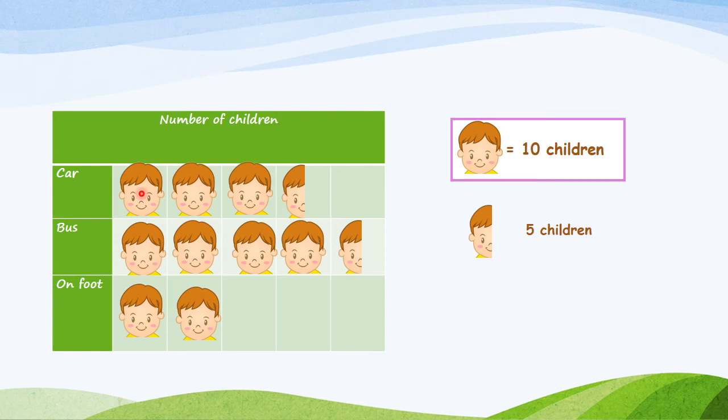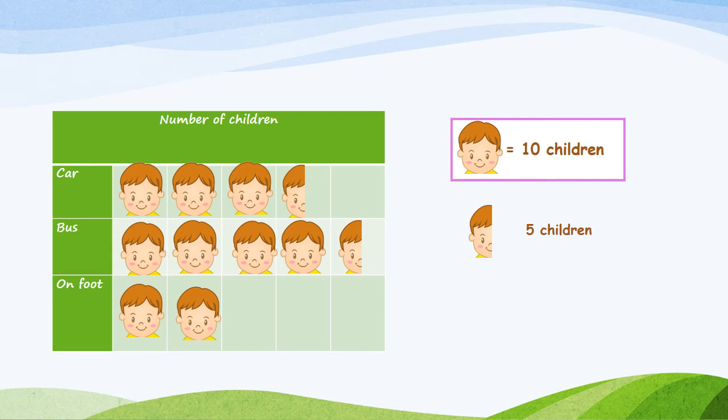So let's count by 10. How many go by car? 10, 20, 30. And 5 more, 35.